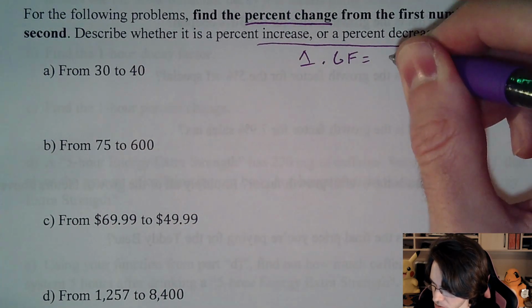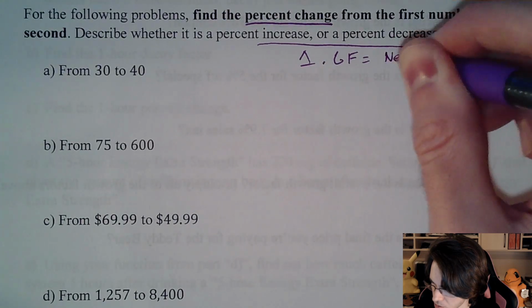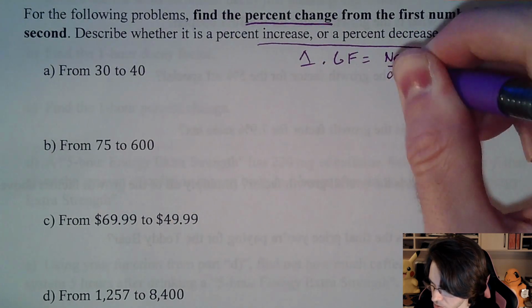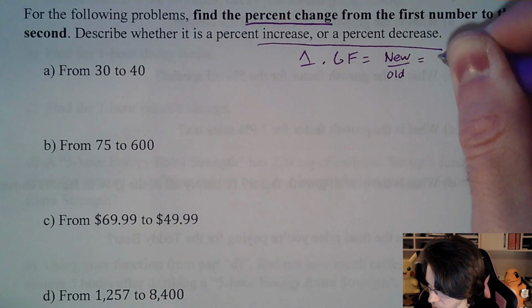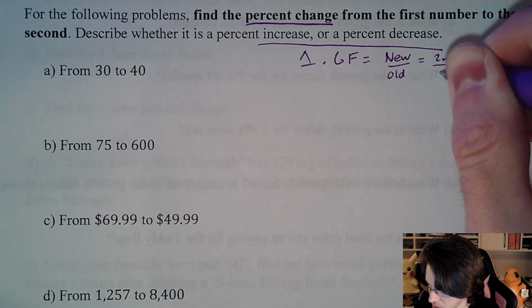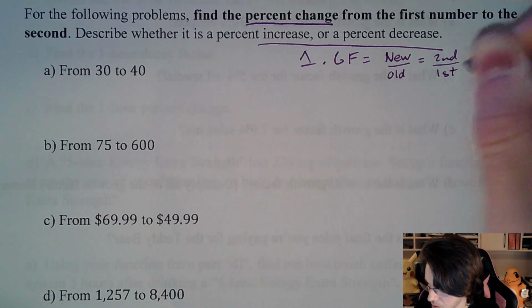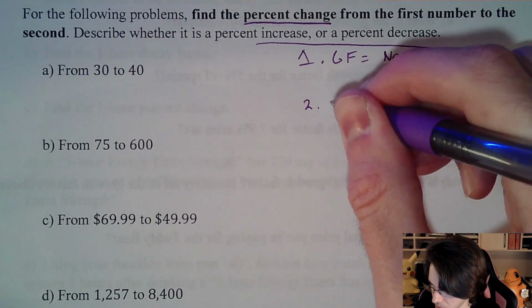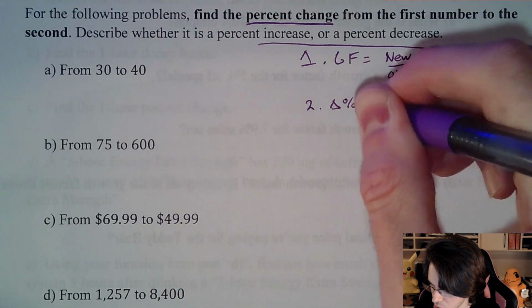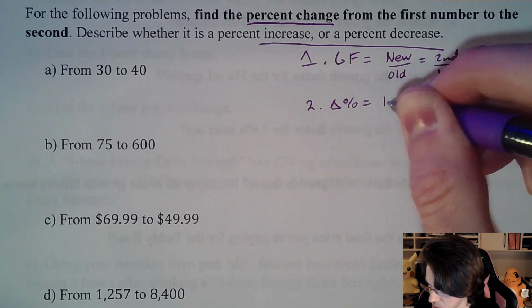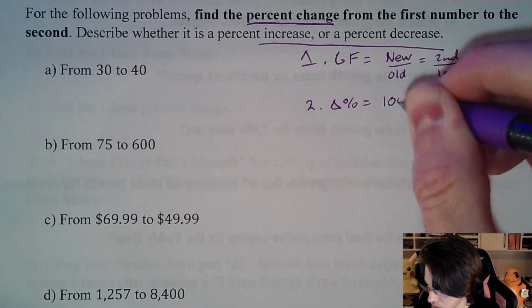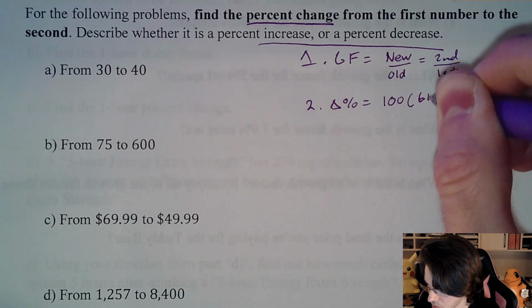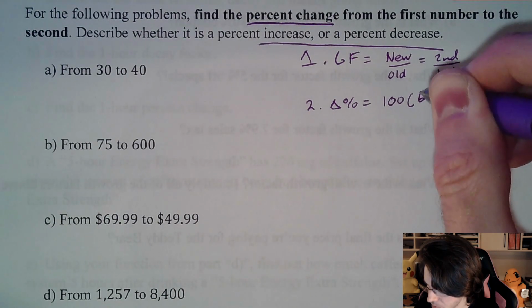You simply do the new divided by the old, or in other words, the second number divided by the first number for each one of these. Once you've figured out the growth factor, your second step is to find the actual percent change. That is going to be 100 multiplied by the growth factor minus 1.